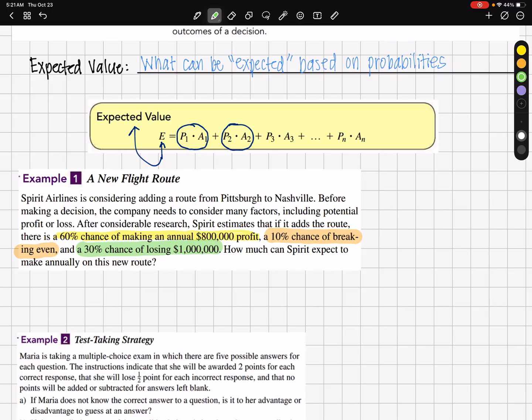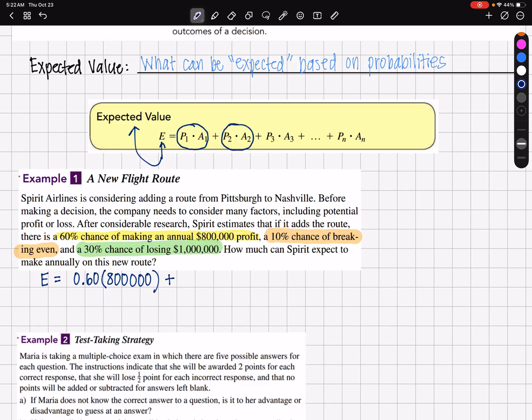Now, how much can Spirit expect to make annually on this new route? They're going to take all 3 probabilities and consider them together. So the expected value, E, is equal to, we're going to take 60%, that's a probability, times the amount of $800,000. That's a profit, so that would be a plus.